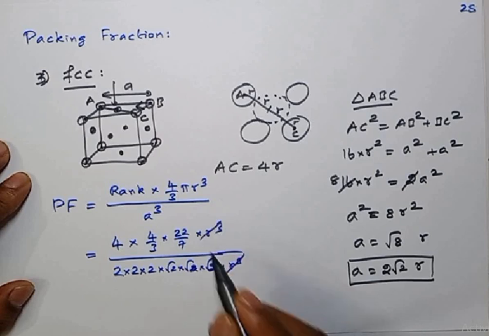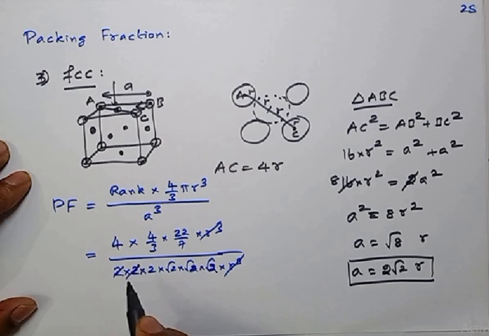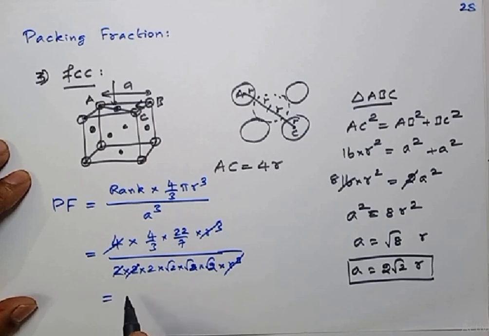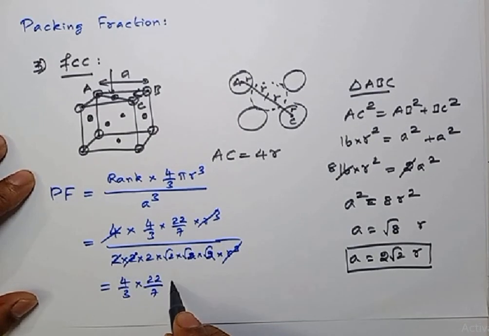This r cube cancels. Then we can cancel some numbers here. Let me show you. 2 2s are 4. Let me write clearly: 4 by 3, 22 by 7, into this 2 can be written as 1 by 2.